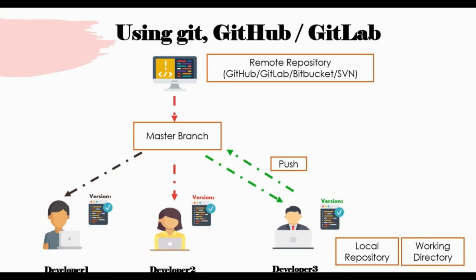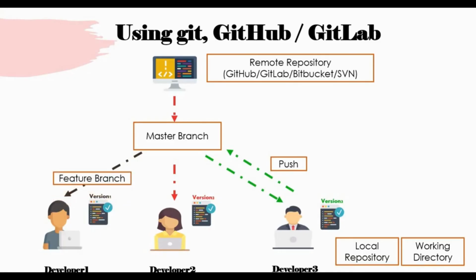So developer 2 can check out that version and start working, or she may have the old version and a different version she developed, which she can push back to the master branch. And it does not mean that it always has to be the master branch.